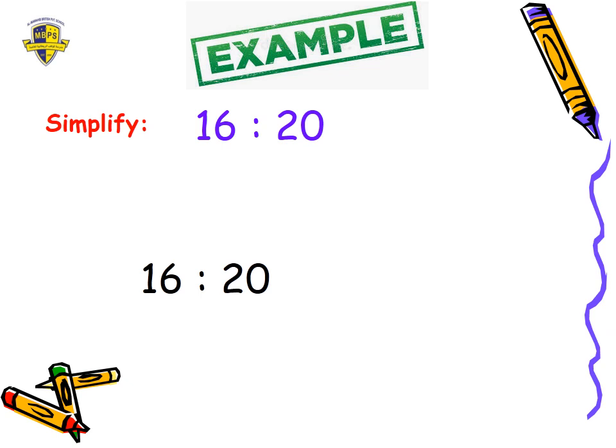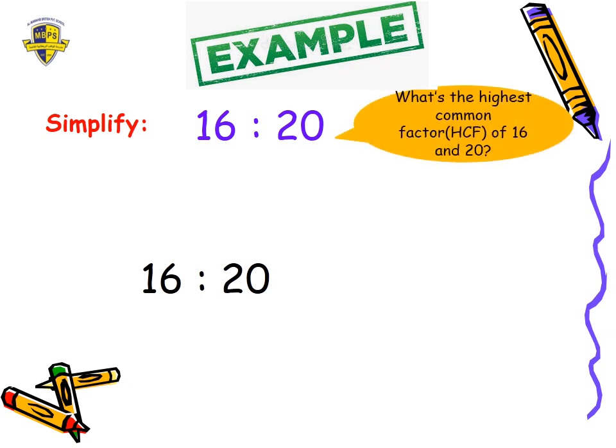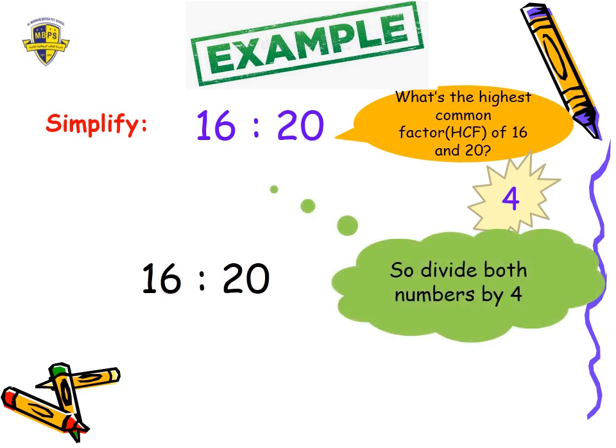Excellent. So let's divide by 4. 16 divided by 4 equals what? 4. Excellent. And now 20 divided by 4 equals 5. Good. So this will be 4 to 5. This is the simplest form.